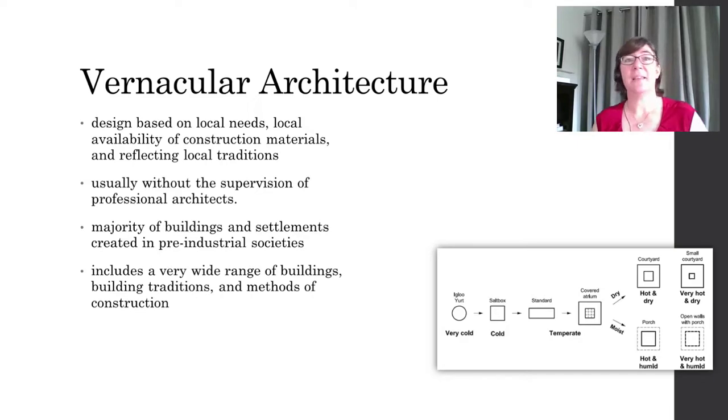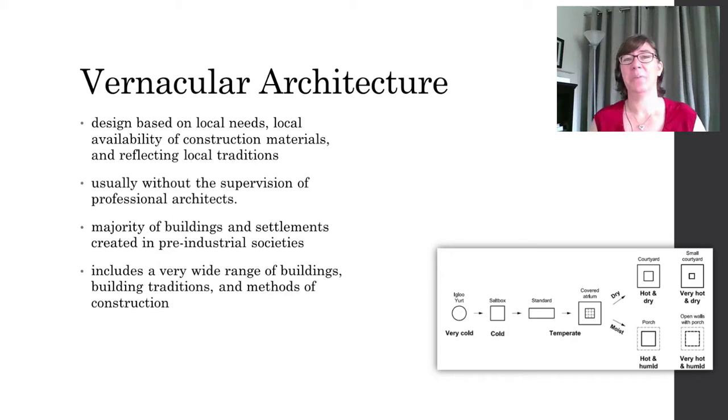Many of the ideal building forms that we just saw can be seen in vernacular architecture. Now, you might not know this word, but vernacular is a design based on local needs, local materials. It reflects local traditions, and at least in pre-industrial societies, it was built without architects.